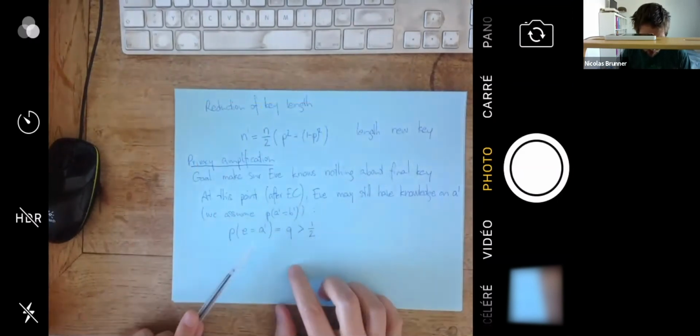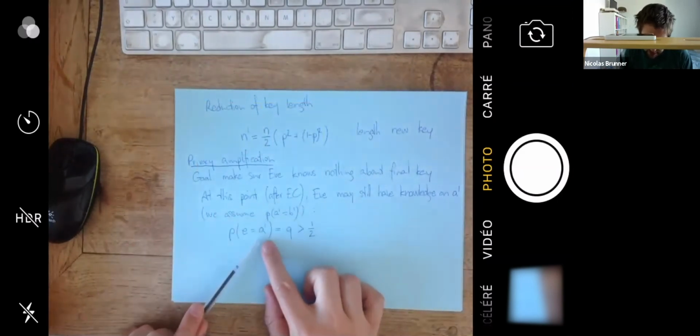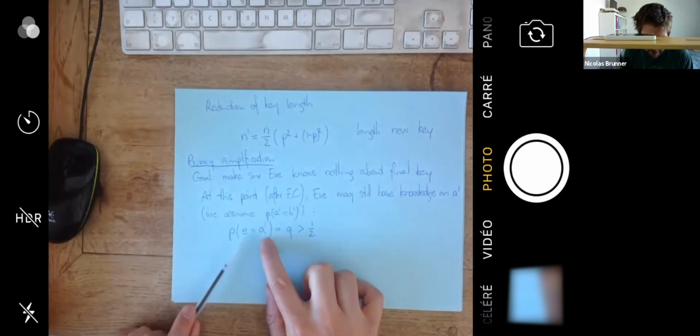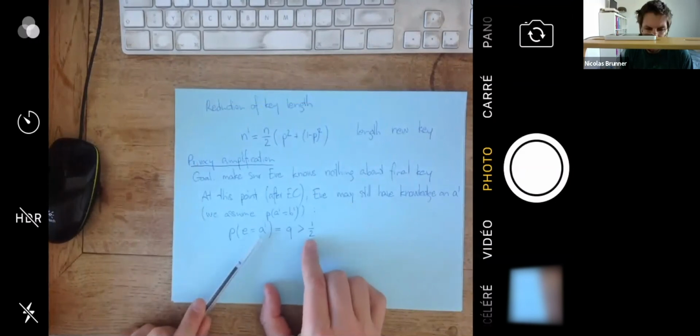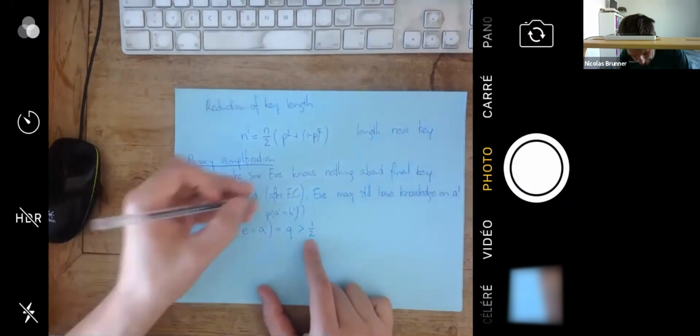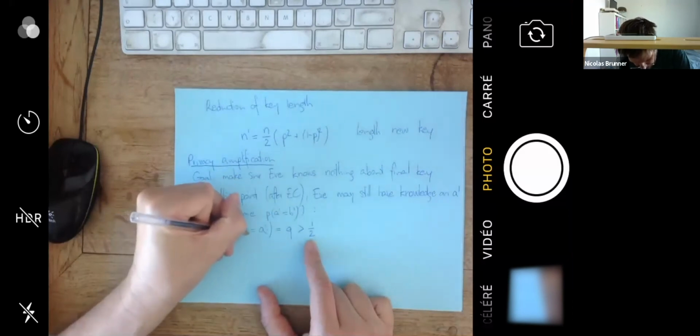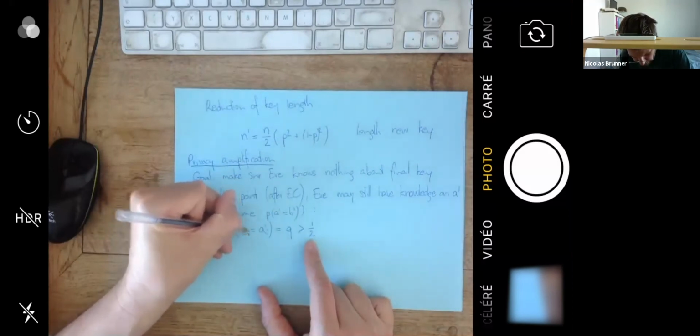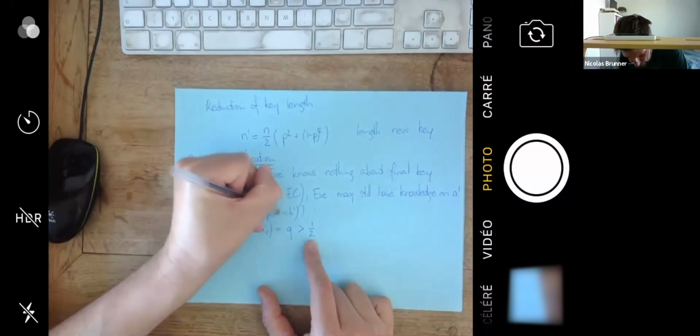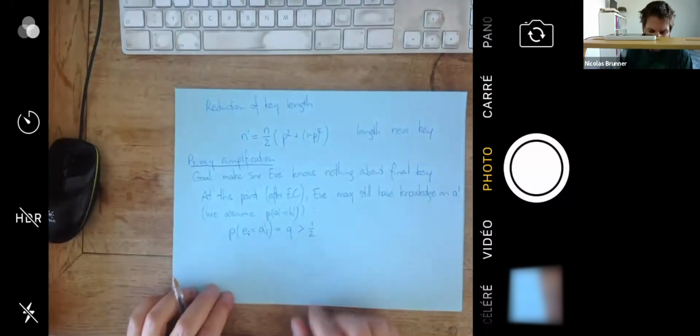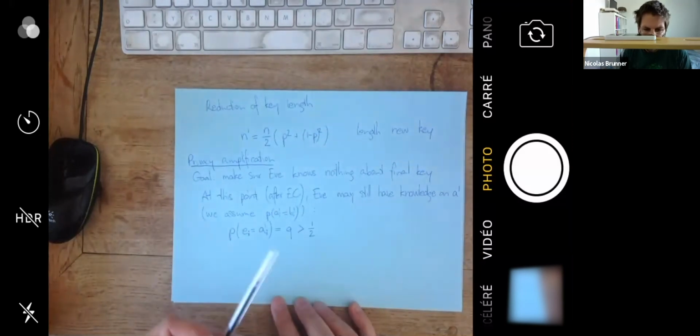If this would be 1/2, that would be great. It would mean that the probability that E is equal to A prime is just random, just 1/2. Maybe I should put indices here, because I'm talking about every bit of the string. So if for every bit of the string Eve has probability 1/2 to guess it, then we are good, because the best Eve can do is just guess what the key is.